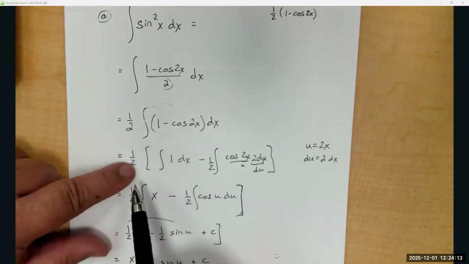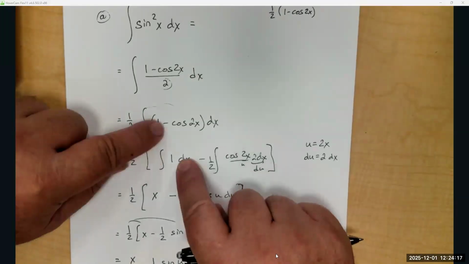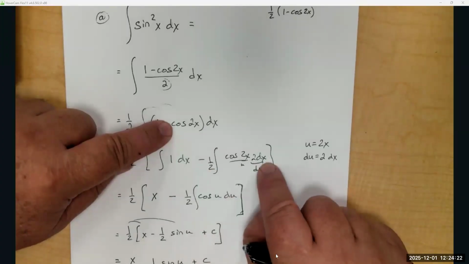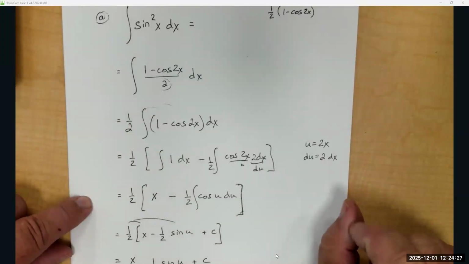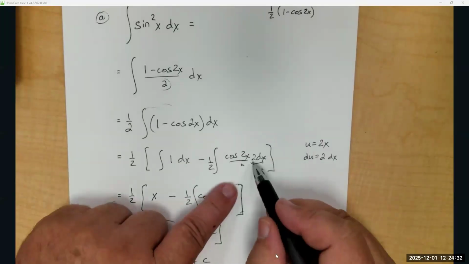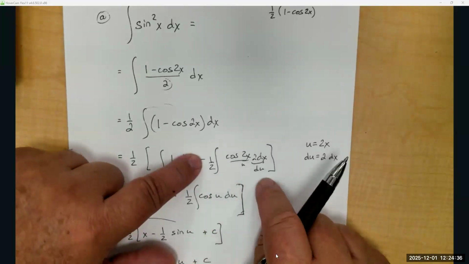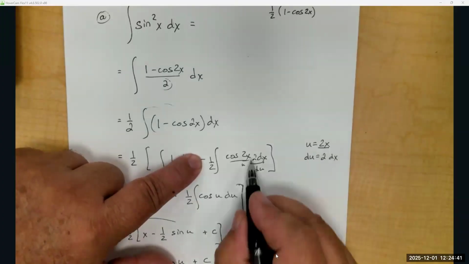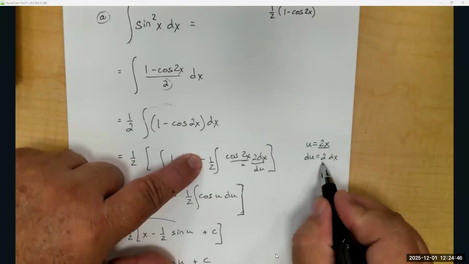So the 1/2 stays out front. Now I took the integral of 1 dx minus the integral of cosine 2x dx. Well, we haven't gotten that far yet. At this point, once I had separated them, I defined 2x as u, and then du is 2 dx.